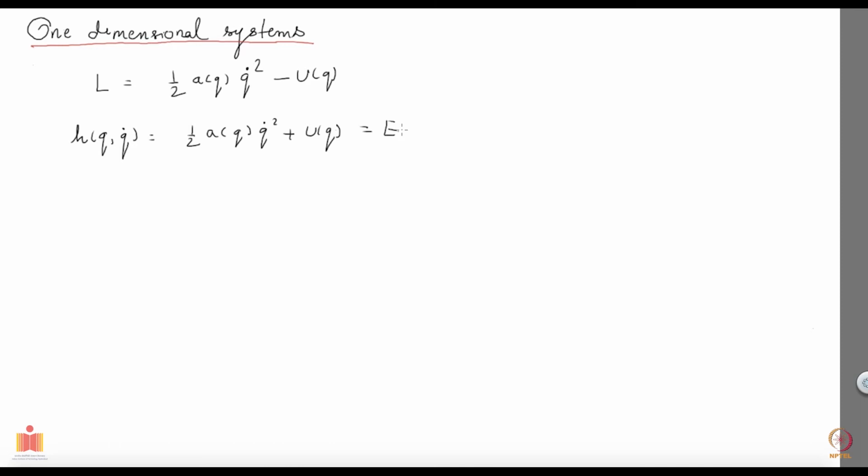Now frequently we are going to encounter a situation where A of q is a constant, which you have seen earlier in our several discussions when studying harmonic oscillators. So frequently we were having A of q to be 1 or some constant. So let me write this.